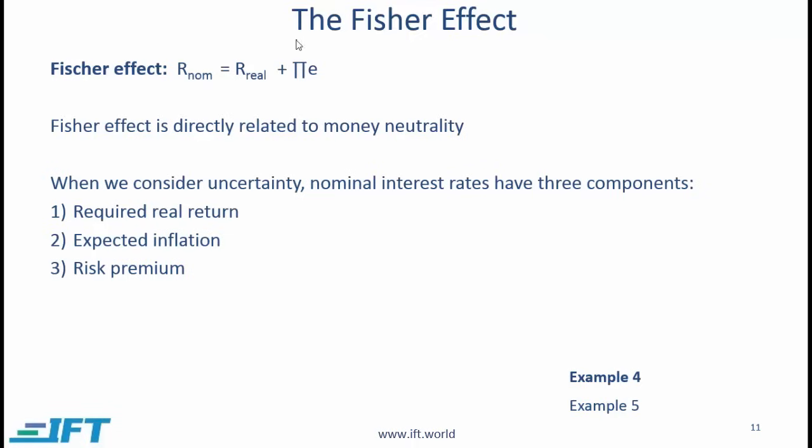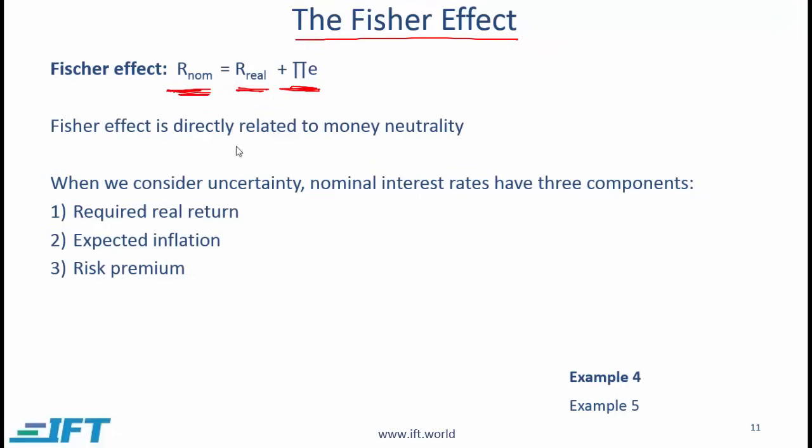We now come to the Fisher effect, which relates nominal interest rates with real interest rates and expected inflation. The relationship is quite straightforward. The nominal interest rate is equal to the real interest rate plus expected inflation.